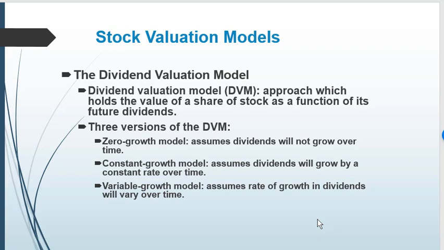Now the variable growth model, which we'll talk about later in another video, basically assumes that this company is different, that it has some time periods where it may grow at faster or slower rates, and there's a reason for that we can predict, if you will.